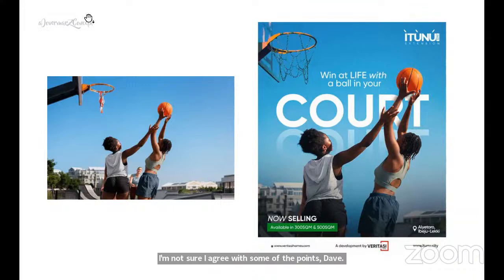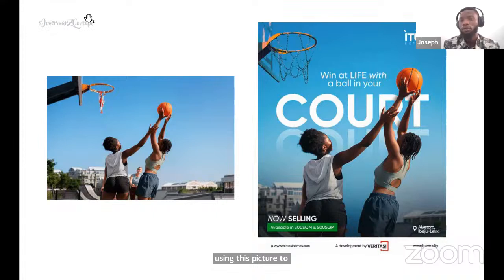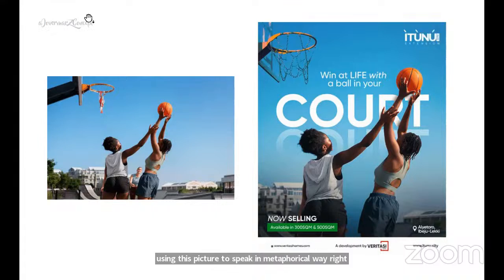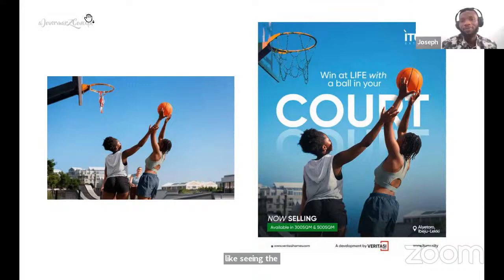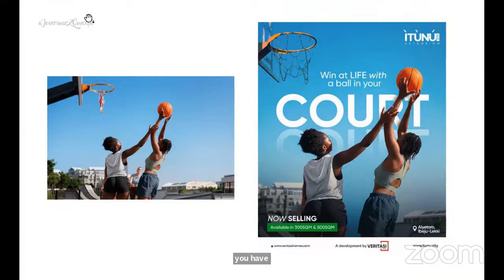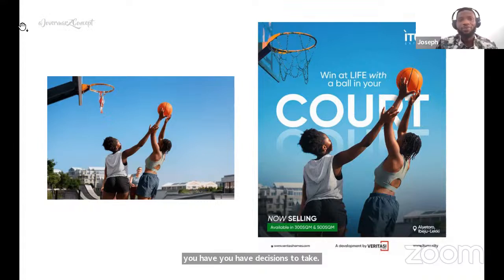I think most people are interpreting this from the perspective of what is appearing in the image. But I think you're just using this picture to speak in a metaphorical way, like the saying, the ball is in your court. You have a decision to take to purchase this property. You can actually do it.